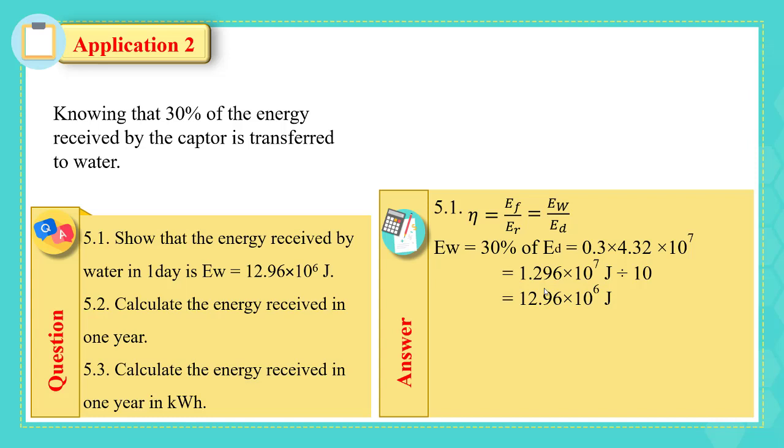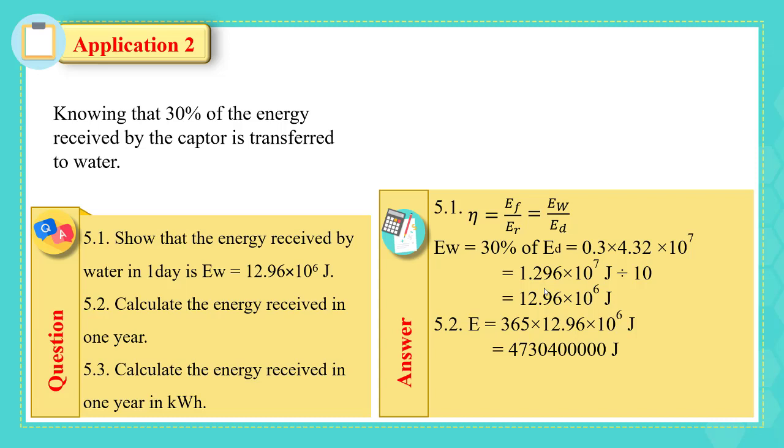In part 5.2, we have to calculate the energy received by water in 1 year. So we have to multiply the energy received in 1 day by 365. So the energy in 1 year is equal to 365 times 12.96 times 10 power 6 joules. And we get this very big number.